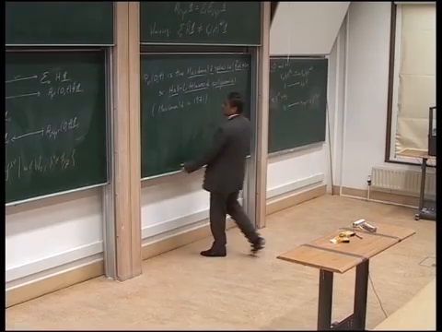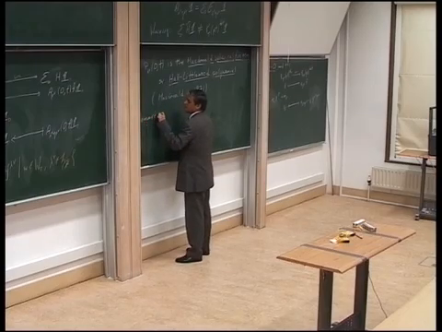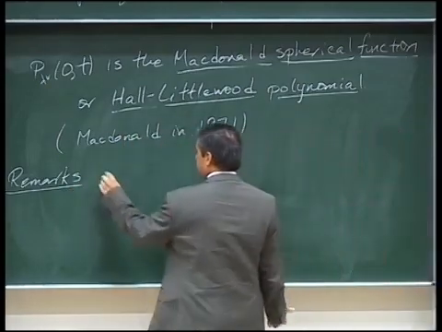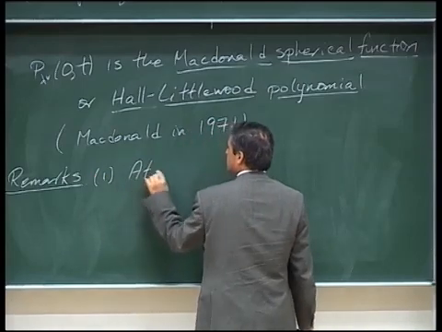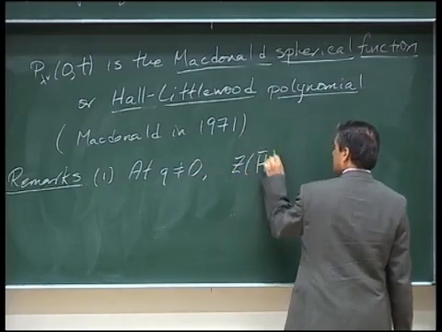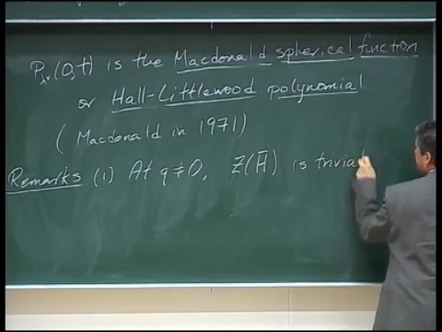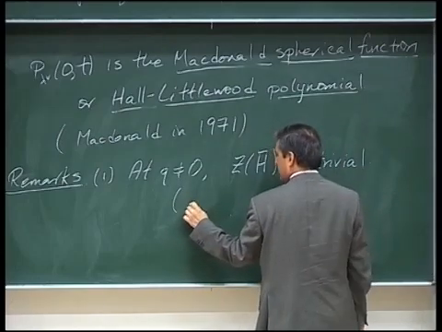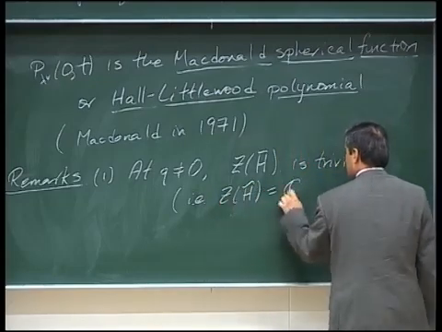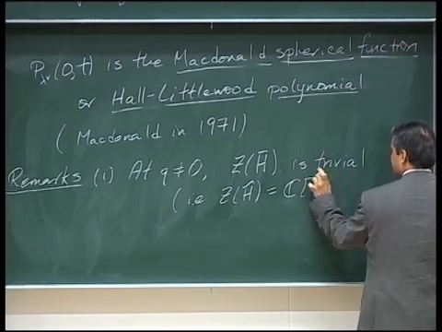Let me make some remarks. So the first remark is, when q is not 0, the center of the affine DAHA is trivial. In other words, the center is polynomials in q to the plus or minus 1 over e.